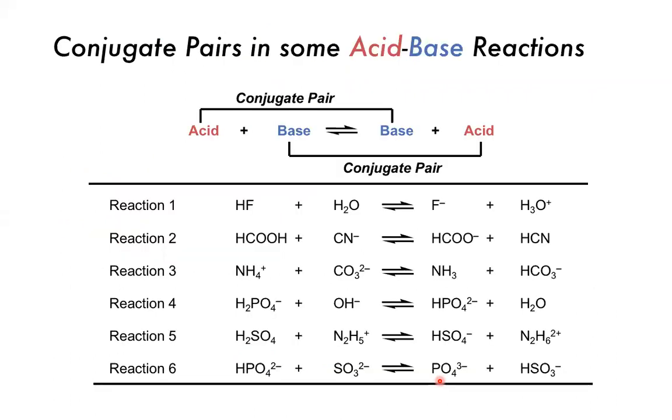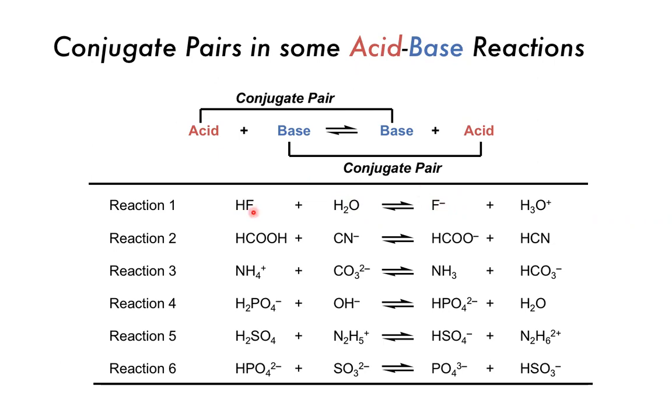So here are a few different examples of some conjugate acid-base reactions. Let's have a look at the first one: hydrofluoric acid plus water will give F minus, fluoride, plus hydronium ions. So the hydronium ion is the acid, which has a conjugate base, which is water. And the F minus, the fluoride, is the conjugate base of HF, the acid.